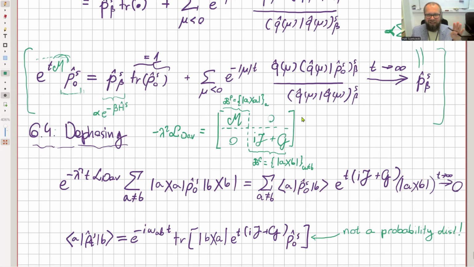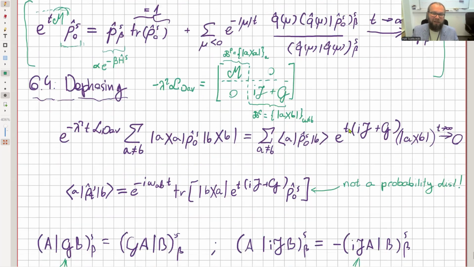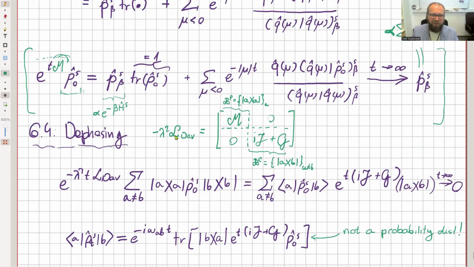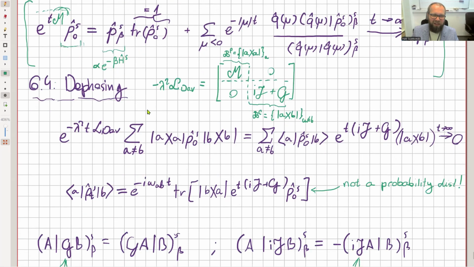And you want the diagonal to converge to equilibrium state, and what's on the off diagonal, you want to get rid of it completely. In other words, if I take my initial density matrix and just throw away the diagonal part, because this is what the above equation takes care of.